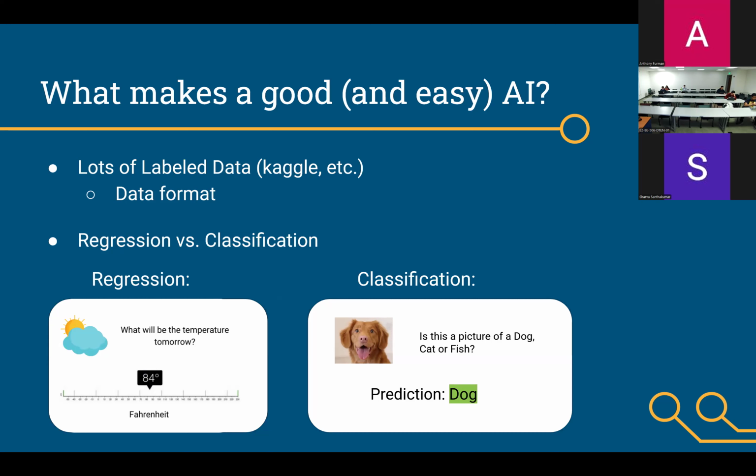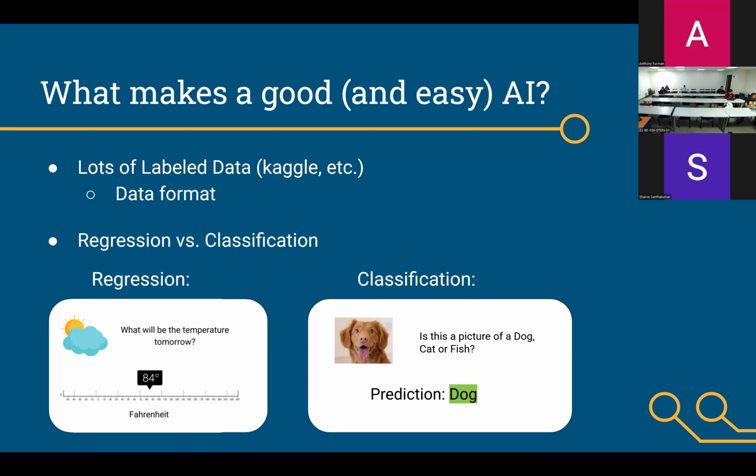So if you're building an AI that looks at a picture of a fruit, and it guesses what fruit this is, it needs both the picture of the fruit and it also needs a label saying this is a banana, this is an apple, this is an orange. So both the data and the labels together. And when you consider the data format, usually for an easy AI, I would consider numbers in, numbers out, or images in, numbers out. Those are generally the kinds of AIs that beginners should do, I think.